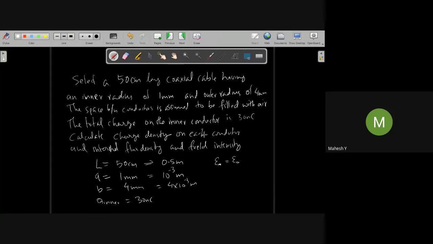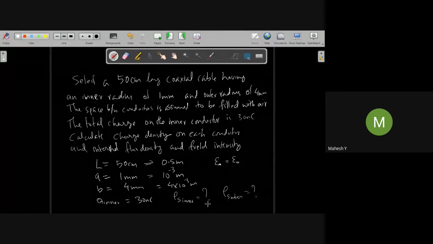Calculate charge density on each conductor. So rho S inner is how much? Rho S outer is how much? And you have to also find vector D and vector E. So these are the things you have to do. Okay. Is this clear?